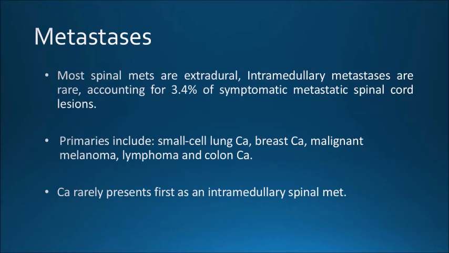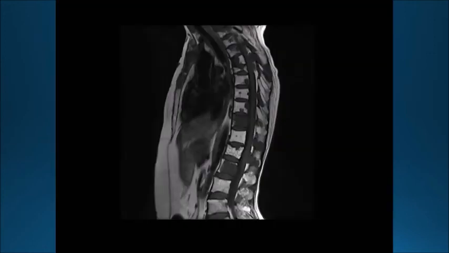And they rarely present first as intramedullary spinal cord mets. Here you can see mets involving multiple vertebral bodies at multiple levels, and even the posterior elements like the spinous process are also involved in these spinal mets.